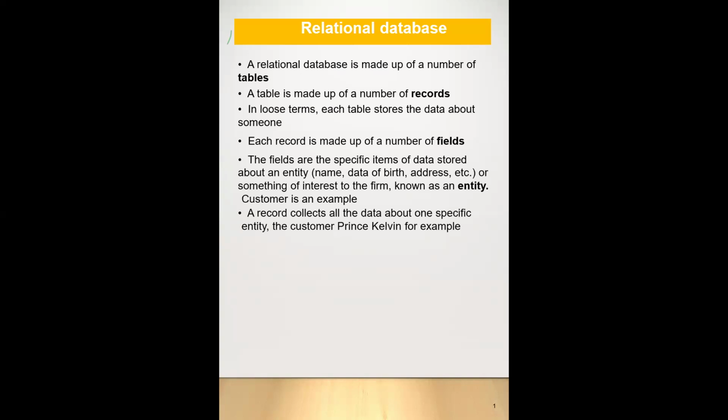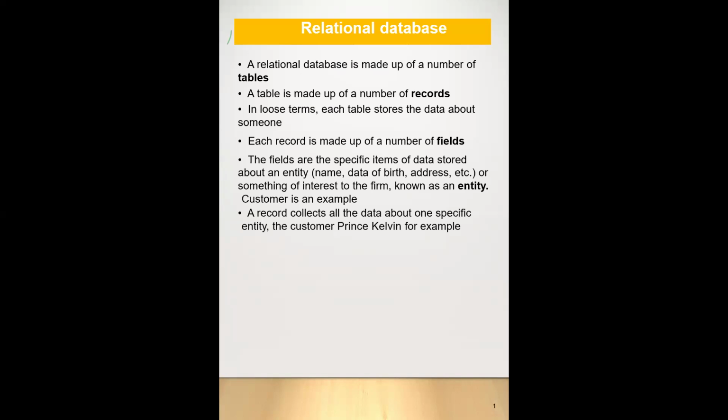So a customer is something that is of interest to the organization. A student is something of interest, an employee is something of interest to the organization. All right. So that is called an entity, which is records. And then the entity has attributes, which are the fields that describe the entity.